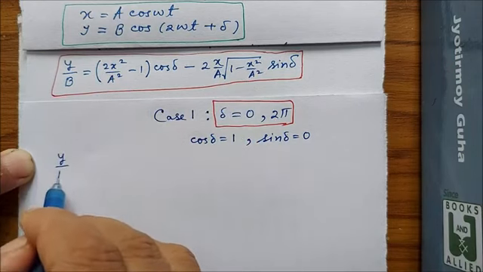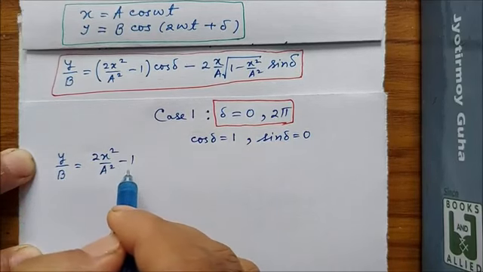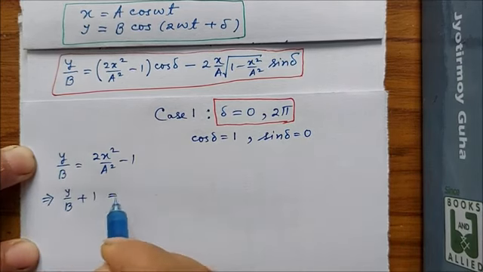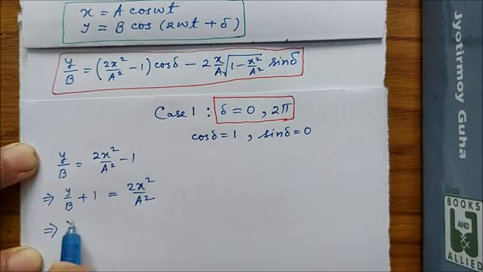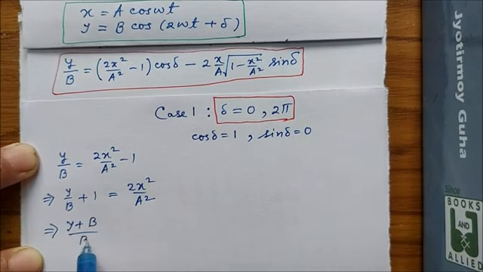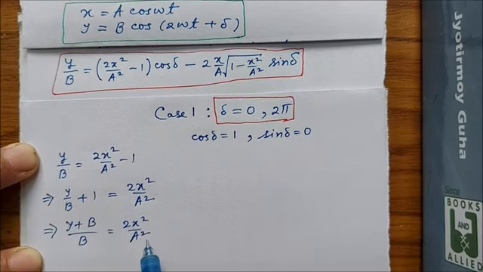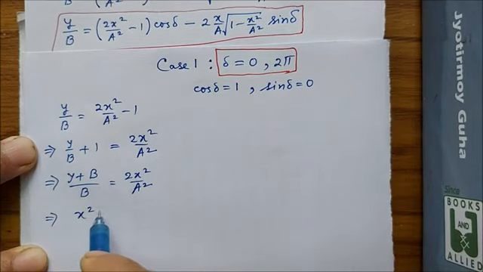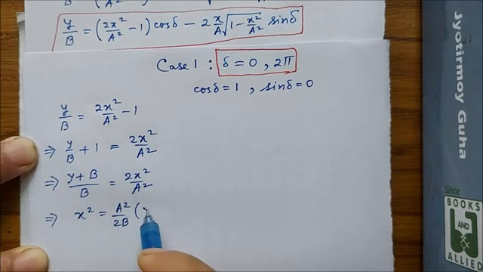In other words, we have, or, let us bring 1 to the left hand side, and let us write it in a standard form as follows: x square equal to a square by twice b into y plus b.